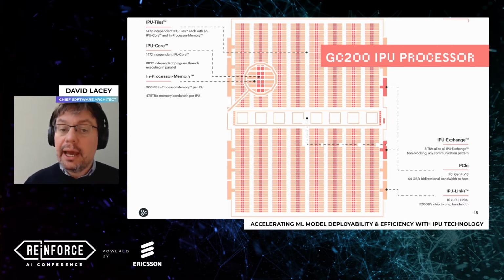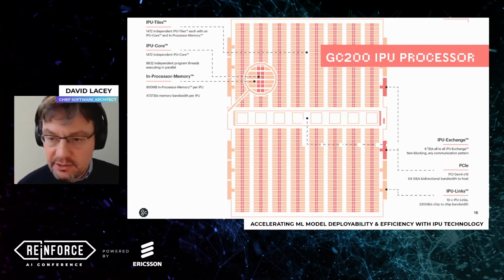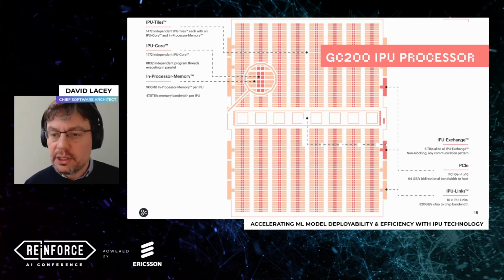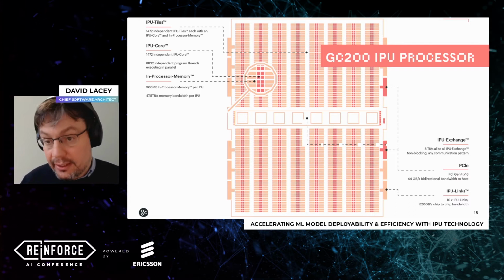And actually we have an 8 terabytes per second all-to-all exchange. So it allows for very flexible data communication patterns within that chip. And I say this allows us to do very high performance workloads, the kind of things you get in deep learning. So computer image classification, object detection, language processing, that kind of thing.